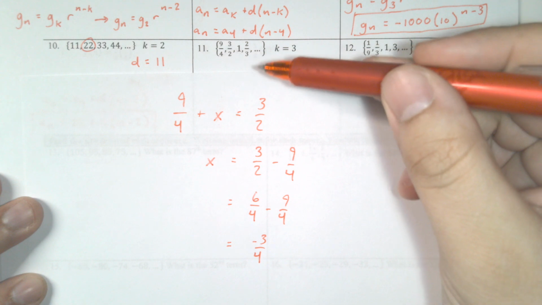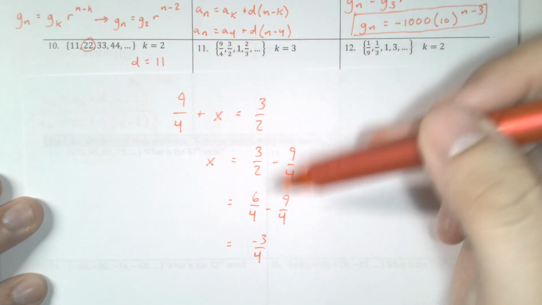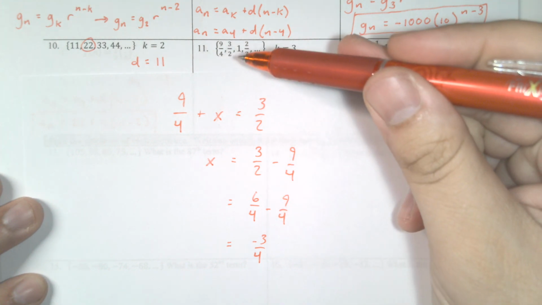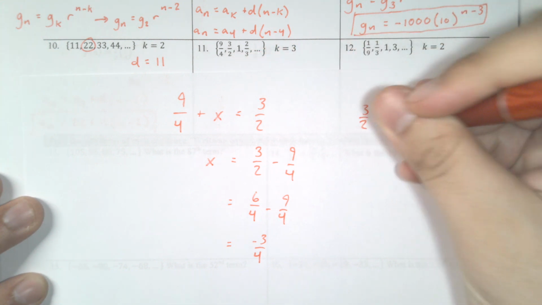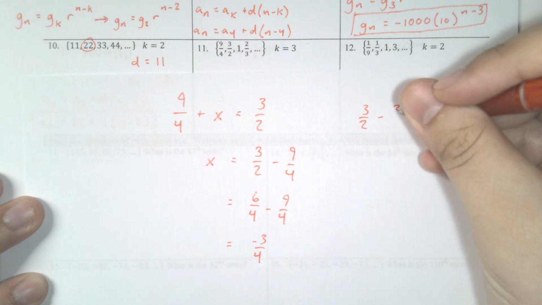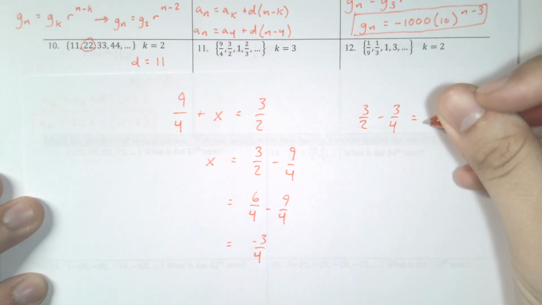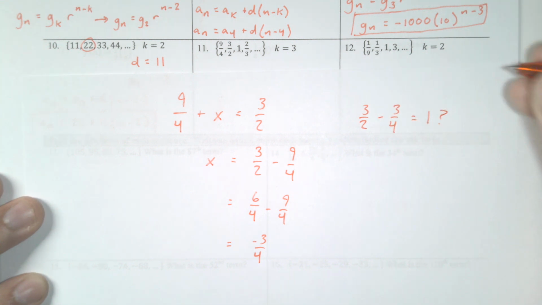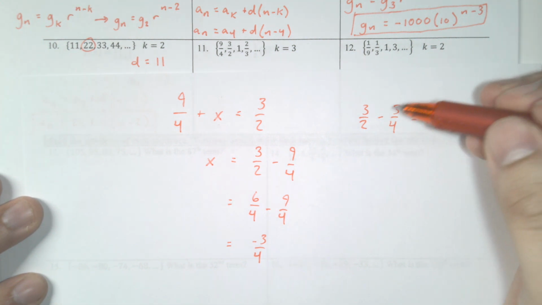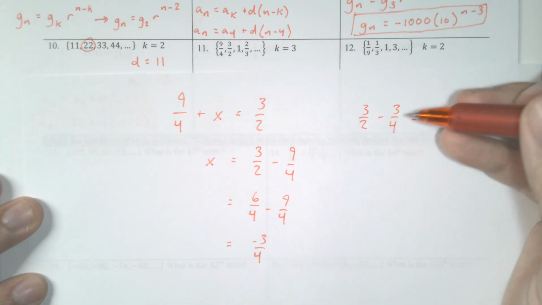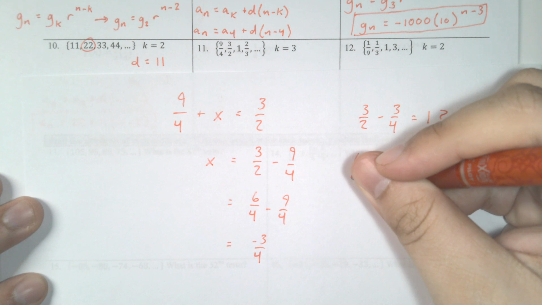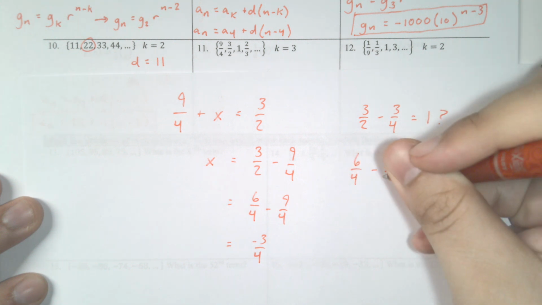So 9 over 4 minus 3 over 4 is equal to 3 over 2. But is 3 over 2 minus 3 over 4 equal to 1? Well, if we get 3 over 2 to a common denominator of 4, that would be 6 over 4 minus 3 over 4.